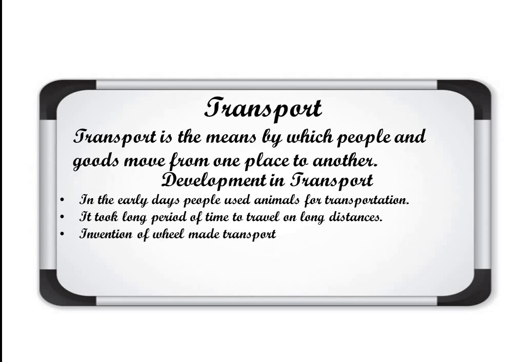The invention of the wheel made transport easier for human beings. The wheel was invented near about 3500 BC, and it made the journey easier for human beings. With the passage of time, transport developed.